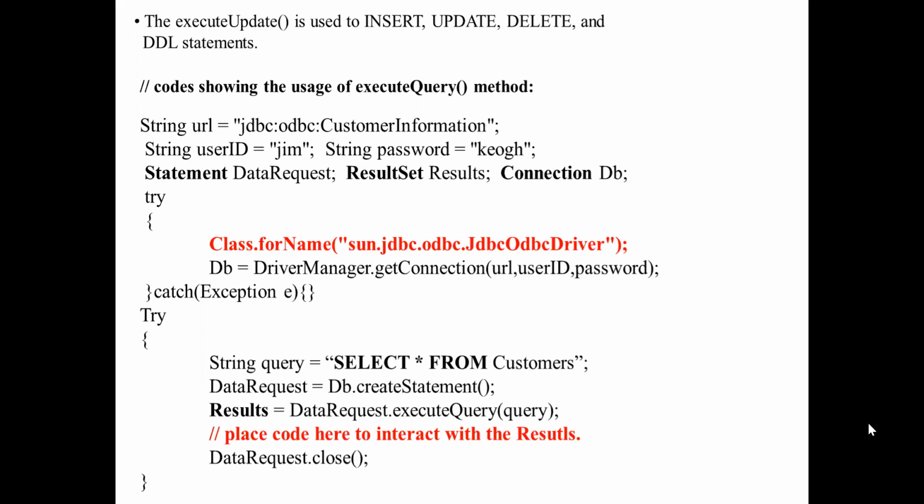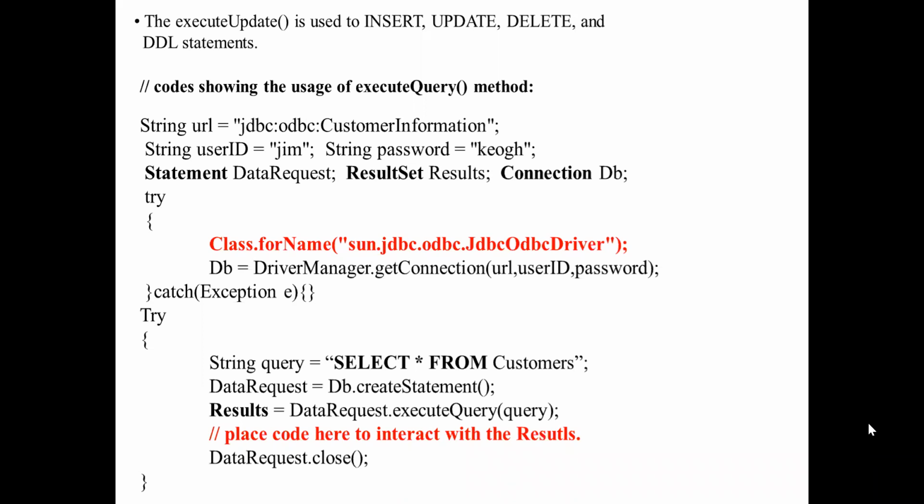I will use the ODBC and JDBC driver, and the user ID is Jim and the password is given. And I create the statement, result set and connection as dataRequest, results and db. db is a connection, results is a result set, and dataRequest is a statement.